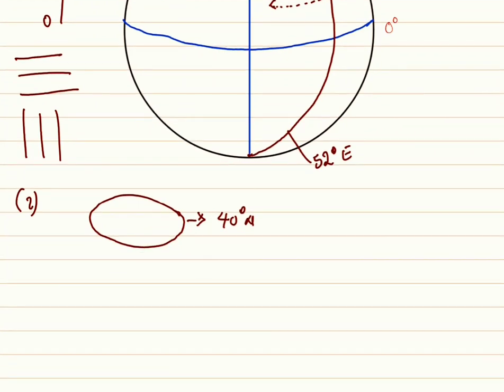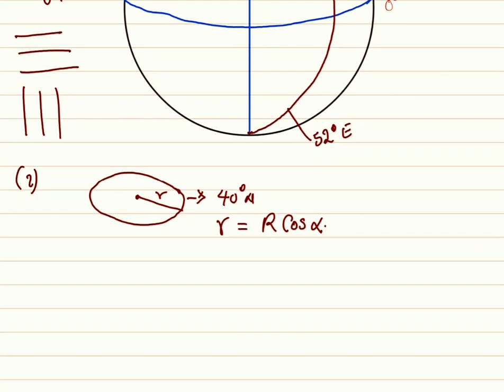Now, the radius, this small r, has the formula r = R cos alpha, where alpha refers to the angle of the latitude. So r is going to be 6,400, being the radius of the earth, because capital R is 6,400 kilometers. All right, take note of that.